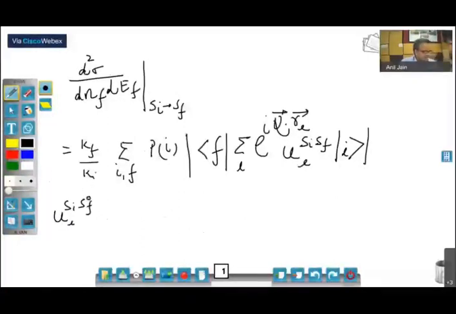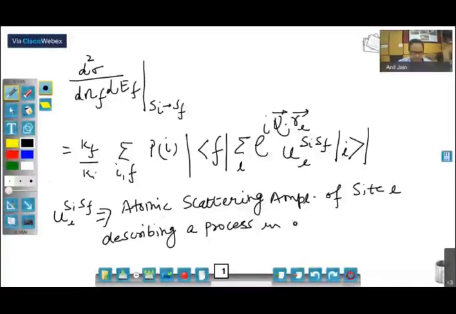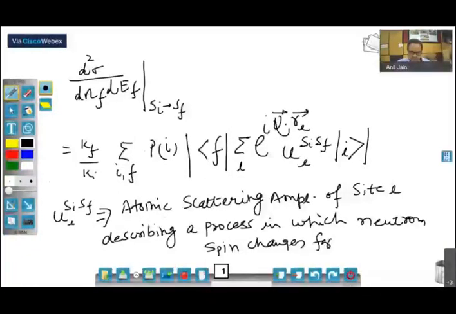It is nothing but the atomic scattering amplitude for site l, describing a process in which the neutron changes its spin from Si to Sf.